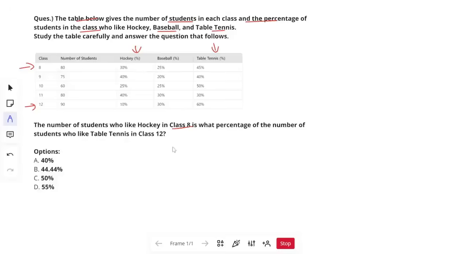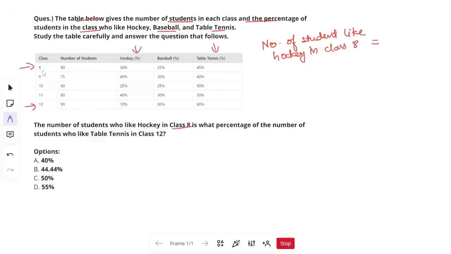So in order to find the relation which is asked of us, the first thing is the number of students who like hockey in class 8. Let's see how we can find that out.